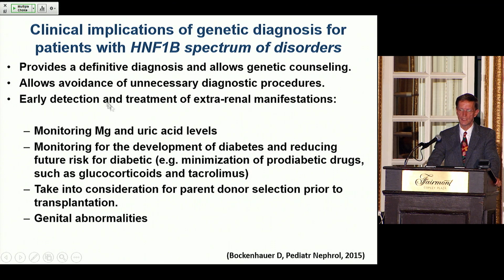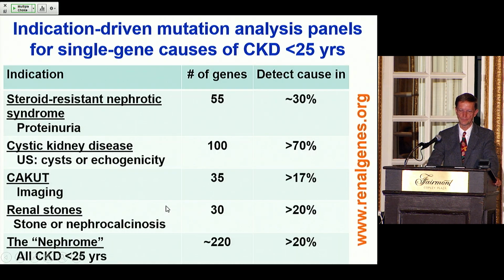And it allows early detection of extrarenal manifestations such as the hyperuricemia and the MODY diabetes, and it's important to take into consideration if it's actually dominant and inherited when living-related donor transplantation is being planned.